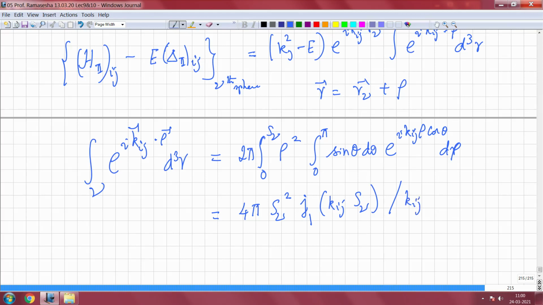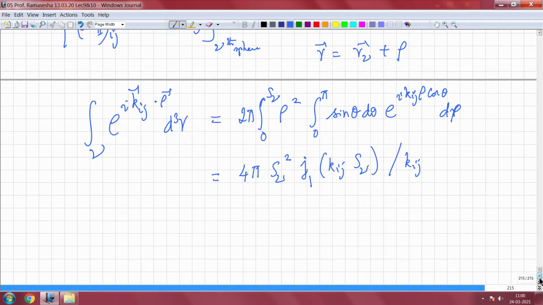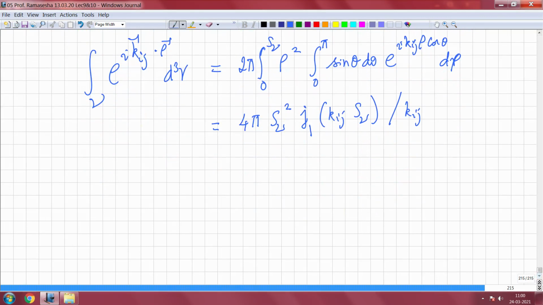That j1 of k ij s nu comes because there is a rho which cancels this rho, and then you have an integration of rho times a trigonometric function, which is the integral representation of the Bessel function of order 1. So j1 of x is nothing but sin x minus x cos x, divided by x squared.